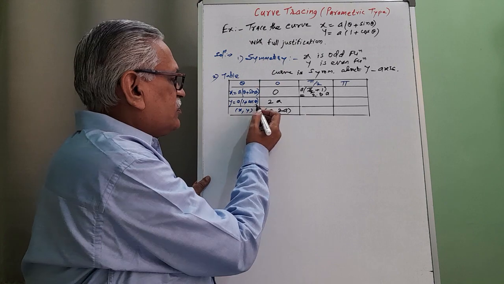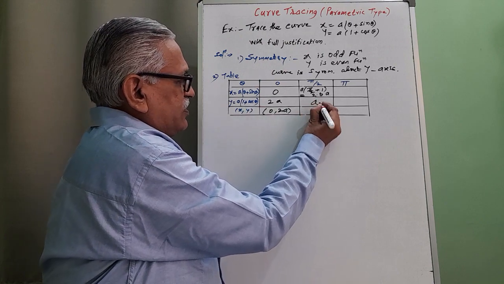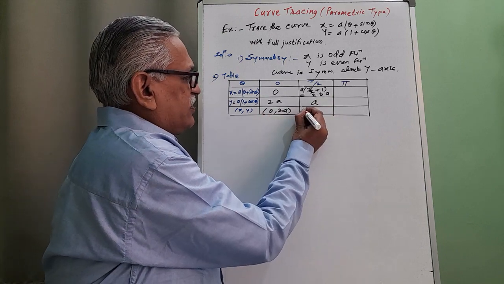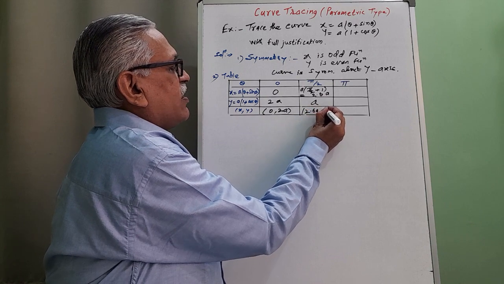Cos pi by 2 is 0. Therefore, 0 plus 1 we get 1 into a. That point is a. And therefore, the corresponding point x, y is x is 2.6a and y is a.